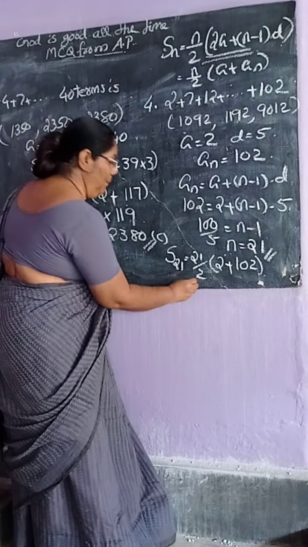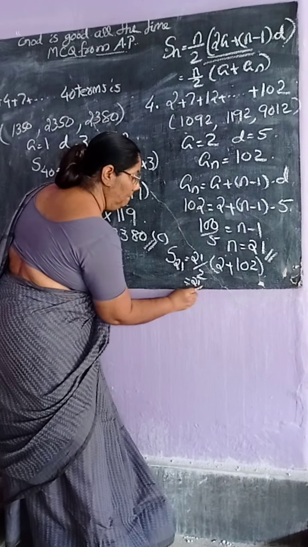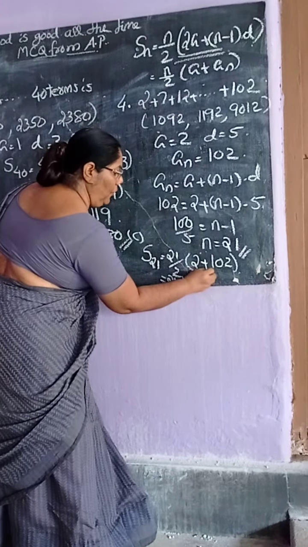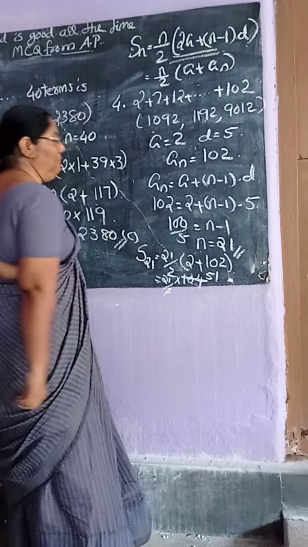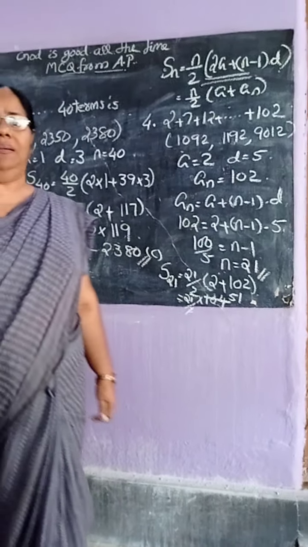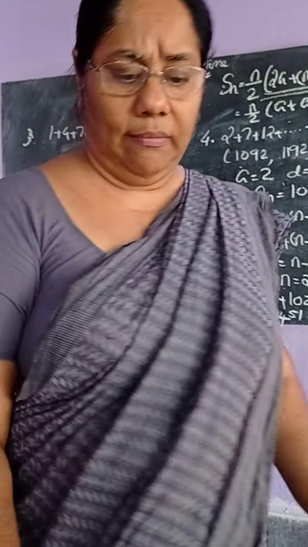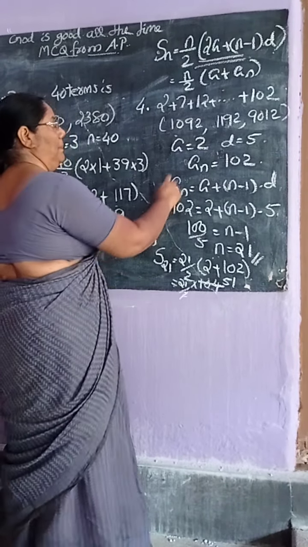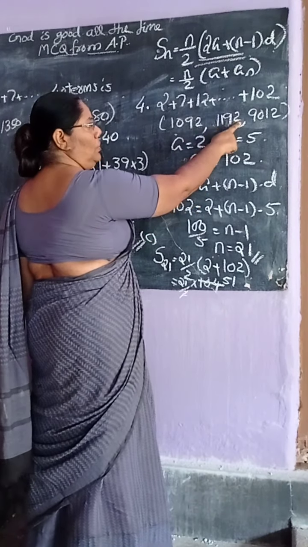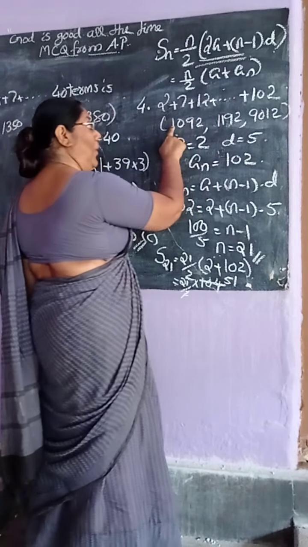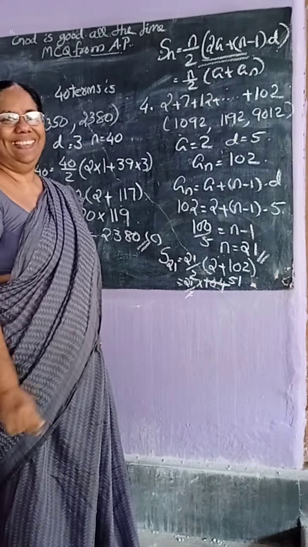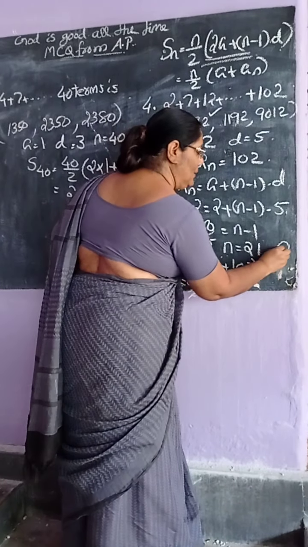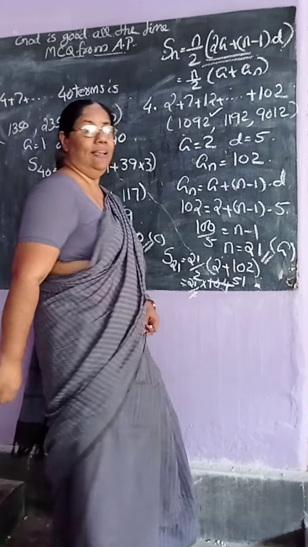Then 21 by 2 into 104. 2 and 104 cancel, 51. 51 into 21. What is 51 into 21? Is it 1192, 9012 or 1092? Yes, 1092. Therefore, the correct option of this question is A.